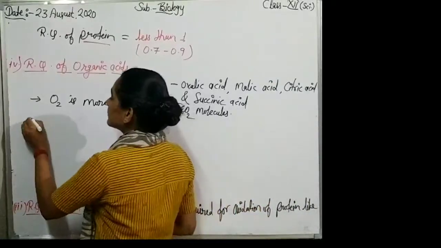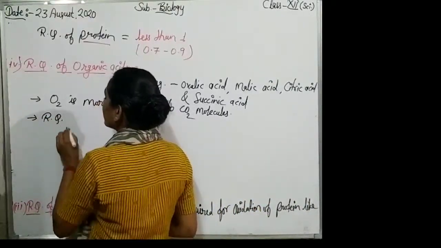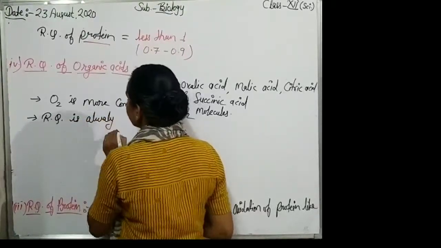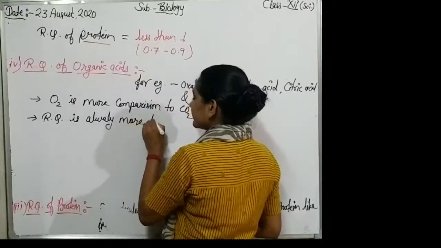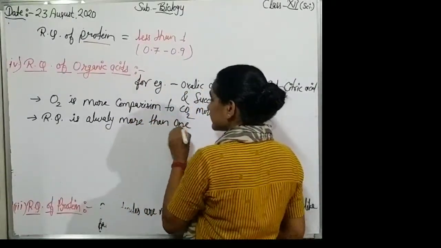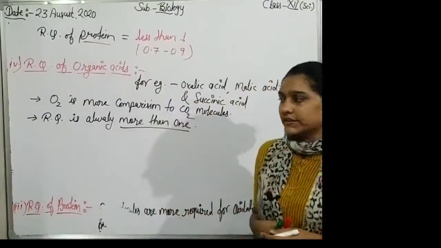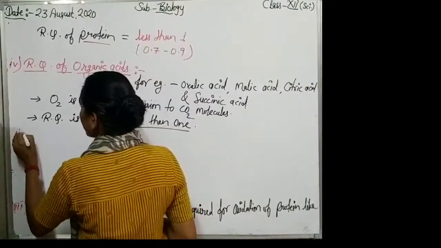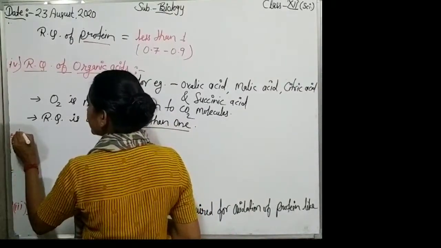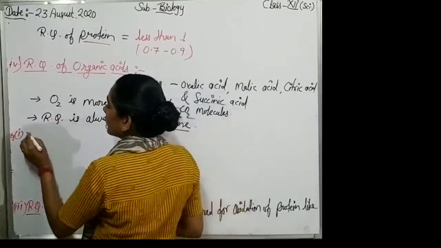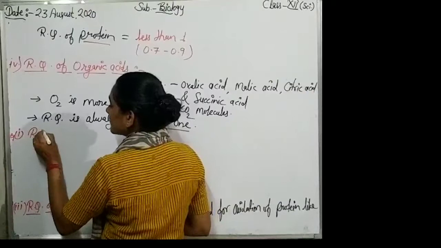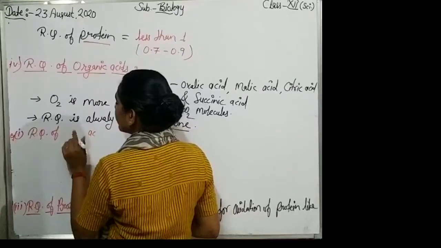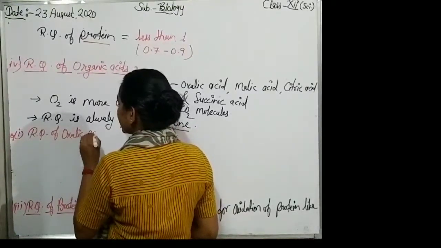And RQ of organic acids is always more than 1. Let's see. Example first, RQ of oxalic acid.